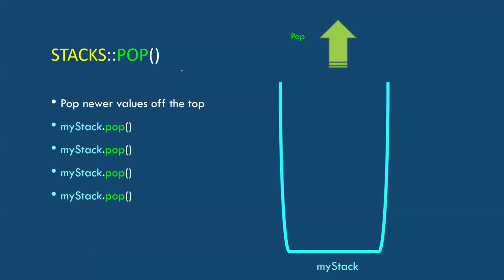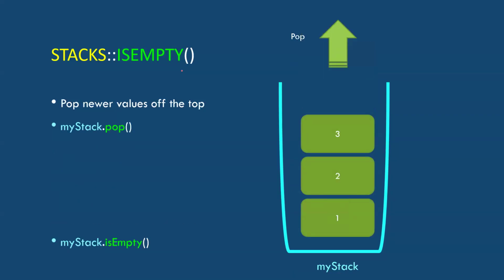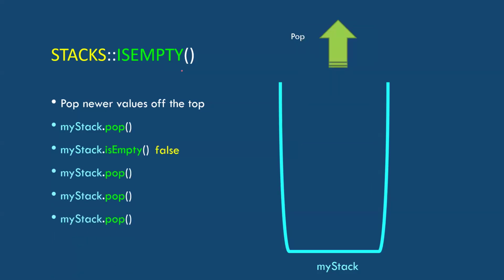But that's really it for the stack. Seems like an incredibly simple idea, and it really is, but very powerful. So not empty, pop, pop, pop. Now we're empty. The oldest thing in the stack is on the bottom, of course, and the newest thing is on the top.